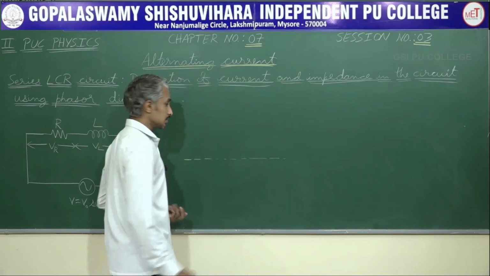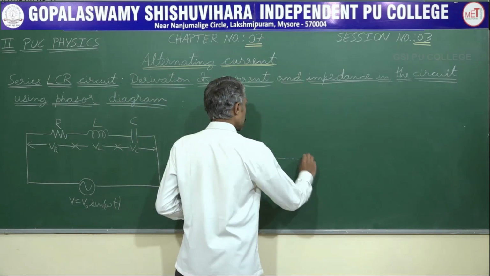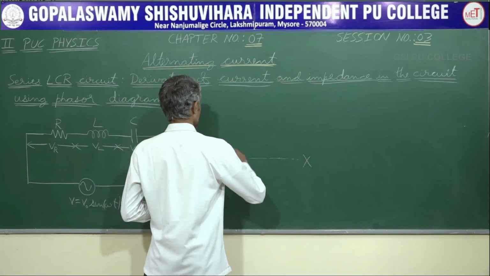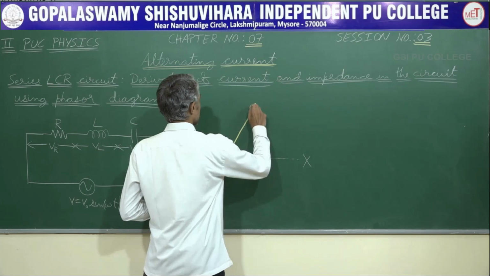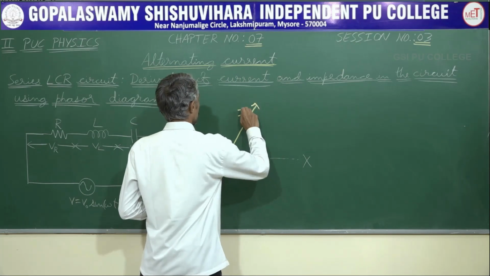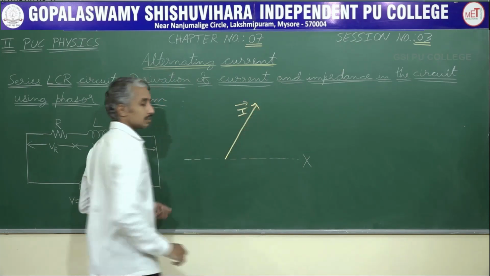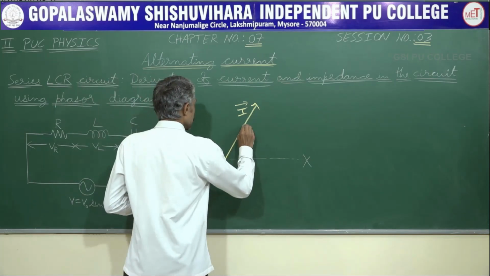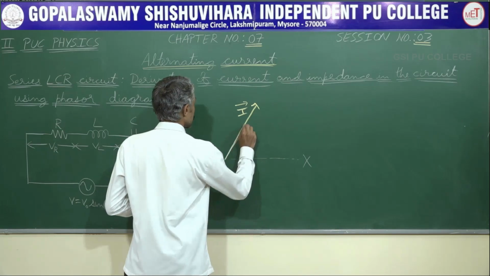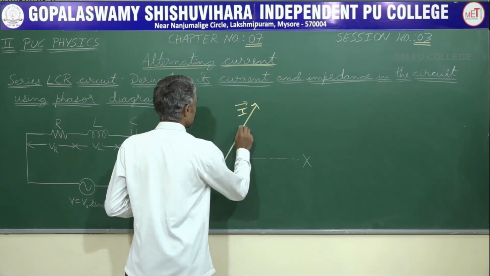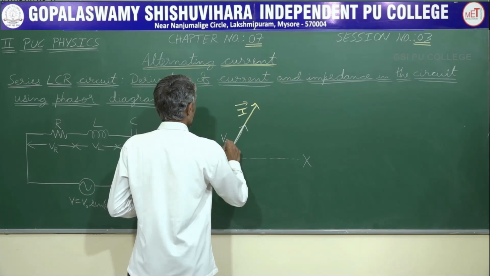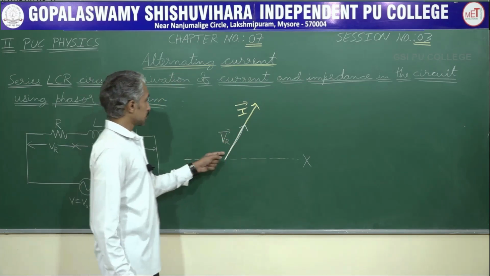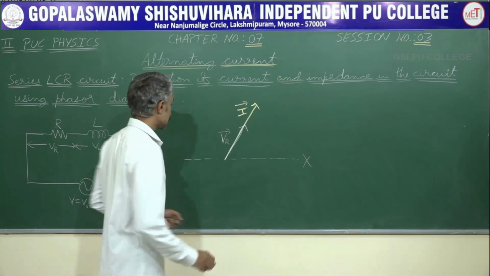Let this be the x-axis and let this represent the current vector. Then first, the voltage across the resistor is going to be in phase with the current.